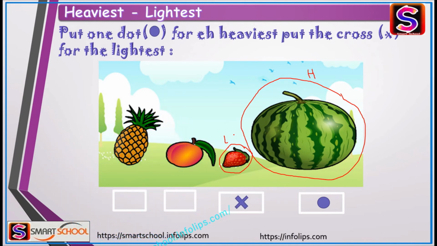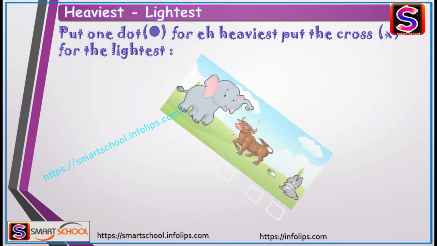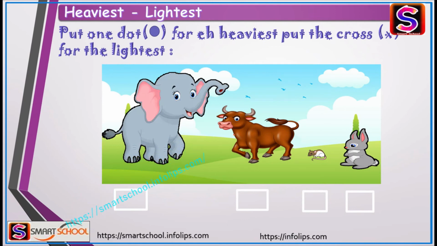Okay, see one more example. There are four animals: elephant, ox, rat and rabbit. Now tell me which one is heaviest and which one is lightest? Elephant is heaviest and rat is lightest. Right.